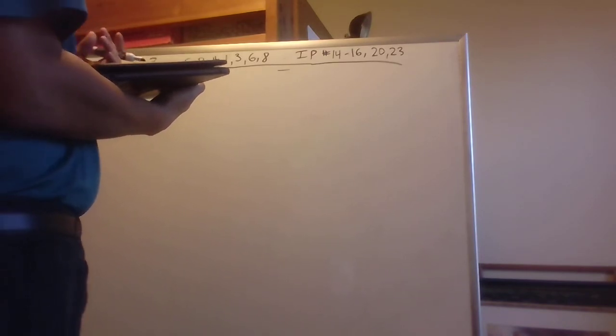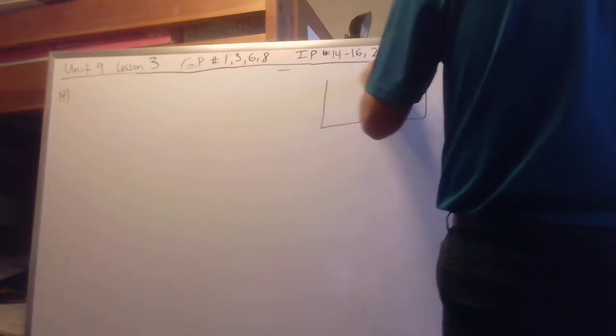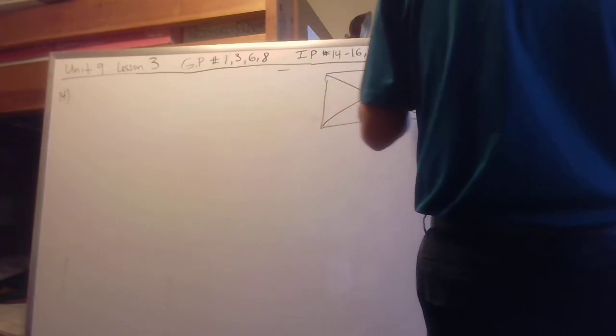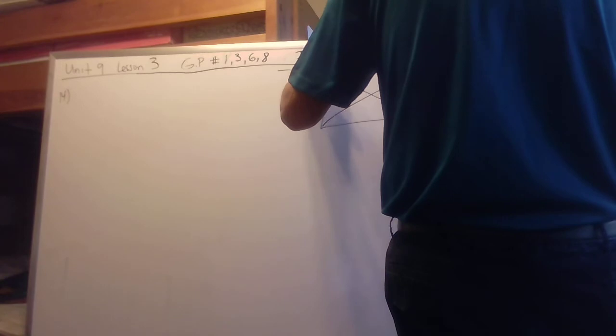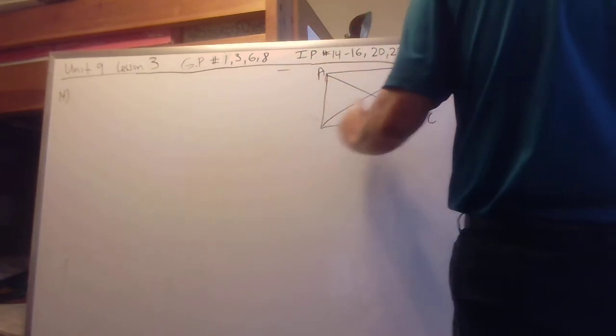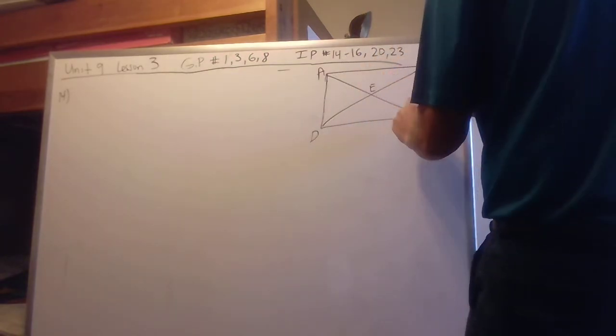recording. So essentially, number 14 is just like what we did in the examples of the guided practice. We have a rectangle, A, B, C, D, and then E is where the diagonals intersect.